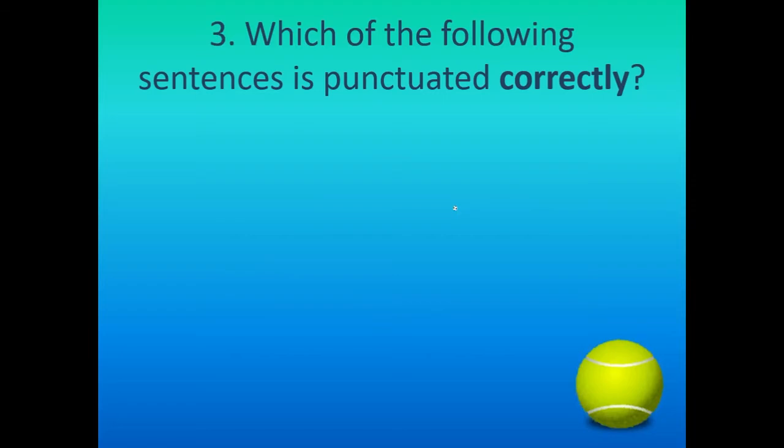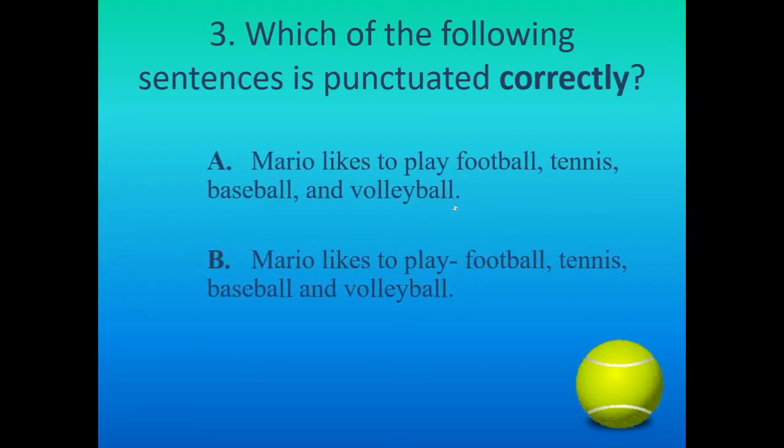And number 3, which of the following sentences is punctuated correctly? Mario likes to play football, tennis, baseball, and volleyball. Is it A or B that's punctuated correctly? It's A, because A has the commas in the right place. If you look at letter B, we do not have a comma after baseball, and so it could be baseball and volleyball as one thing.